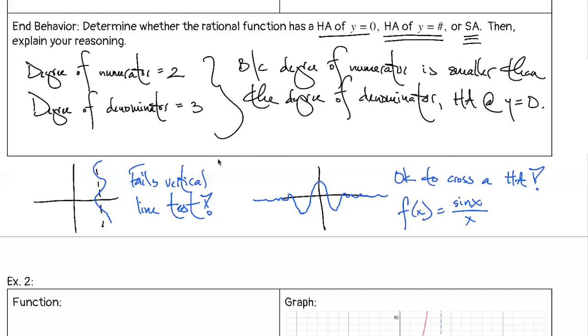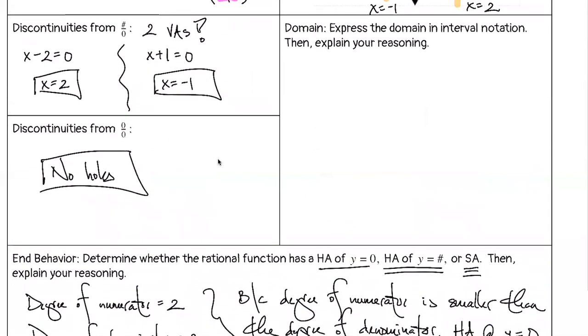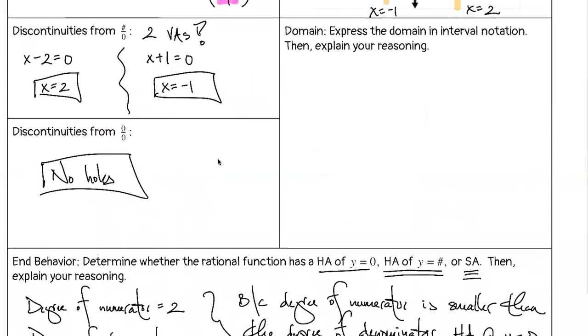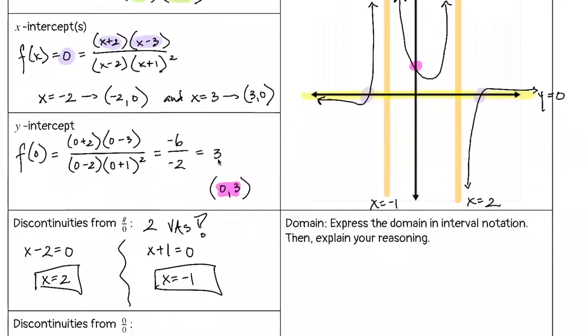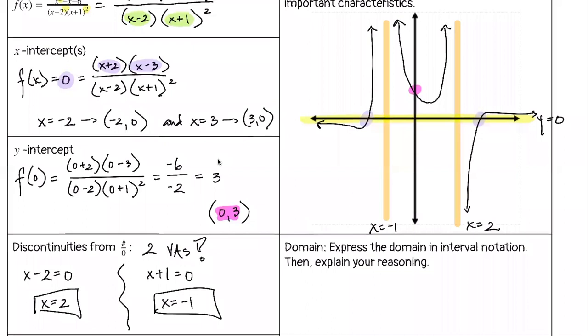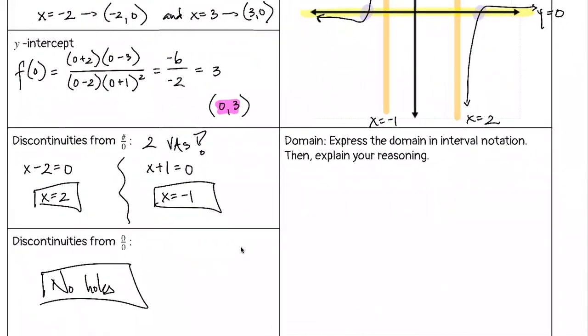All right, here's one last thing we're going to fill in, which is expressing the domain. So the domain is all of the x values that the function can be. One of the easiest ways to come up with a domain for something like this is to say, where can x not be?